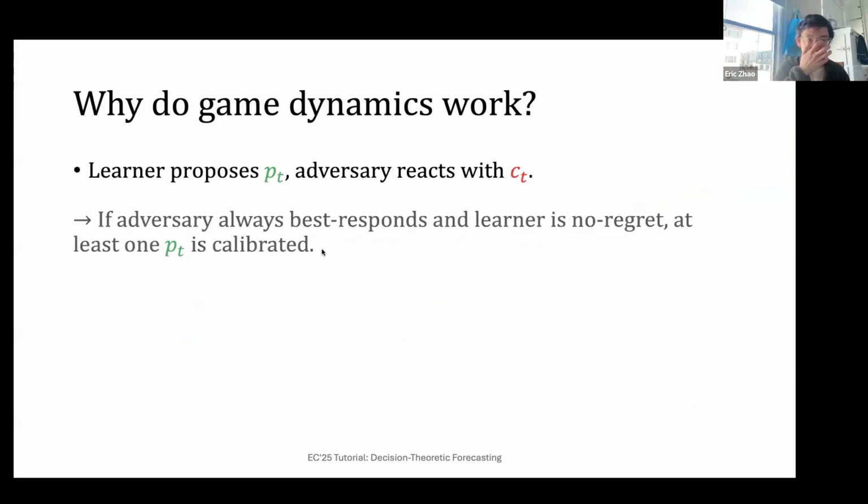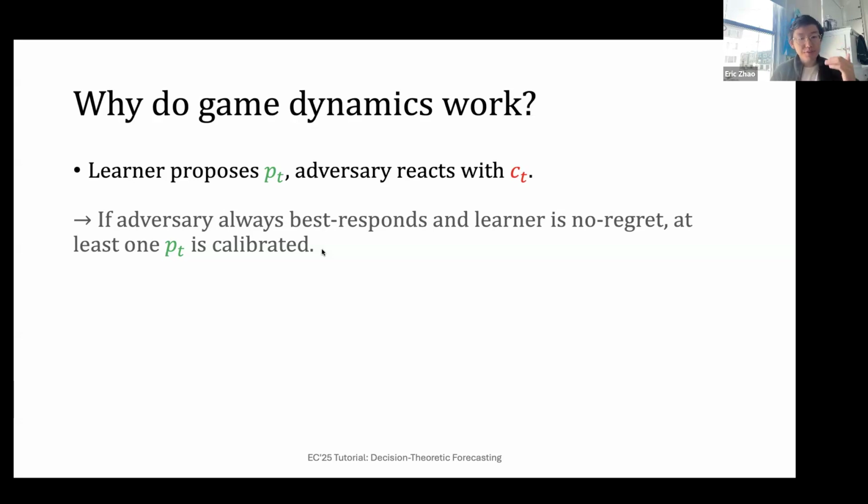So why do game dynamics work? I'm going to focus on the first dynamic, where the learner moves first. This is the dynamic that works for the batch setting. The reason this works is the following: if the adversary always best responds, and the learner has to move first but can still be no regret, then after long enough, at least one of the learner's predictors must be calibrated.